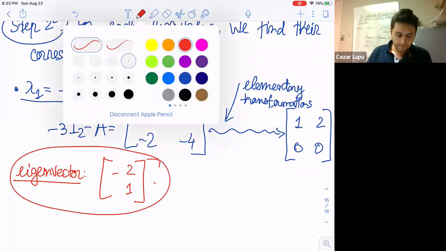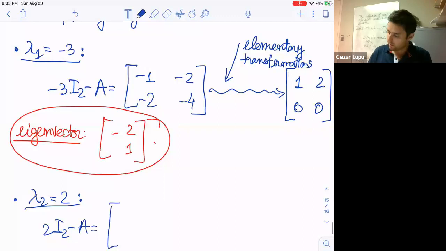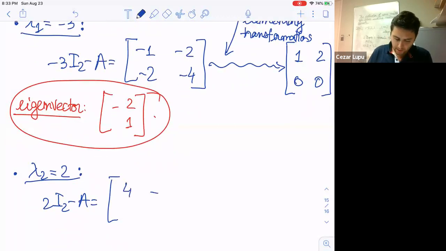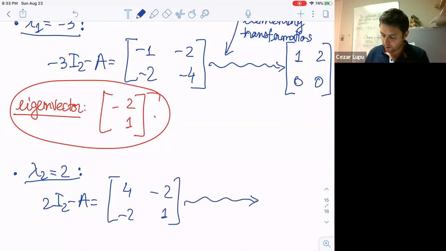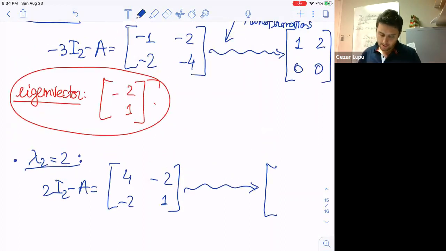And now, let's see the second one. For lambda 2 equals 2, again, we have 2 times the identity minus A. This will be the following matrix: 4, -2, -2, 1. And again, by elementary transformation, this will row reduce to the following matrix: 1, negative 1/2, and 0, 0.